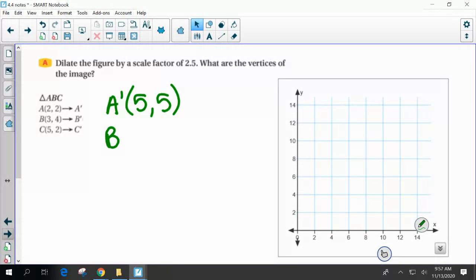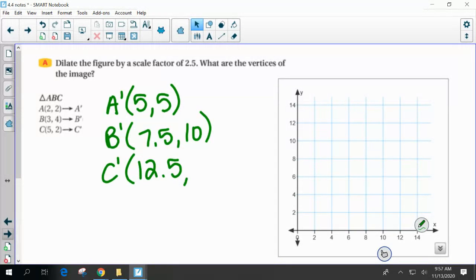And then B prime, so 3 times 2.5 is 7.5, and then 4 times 2.5 is 10. And then for C prime, 5 times 2.5 is 12.5. And then 2 times 2.5 is 5.